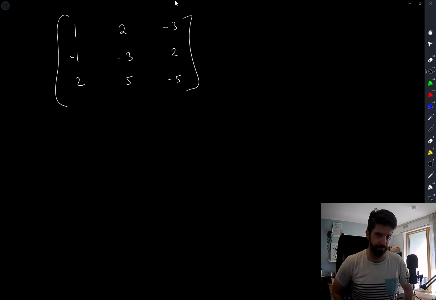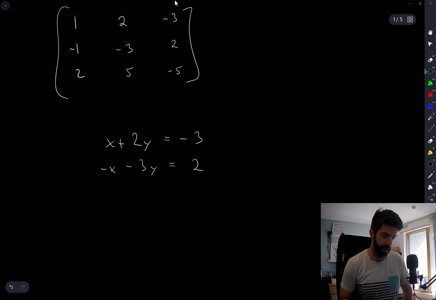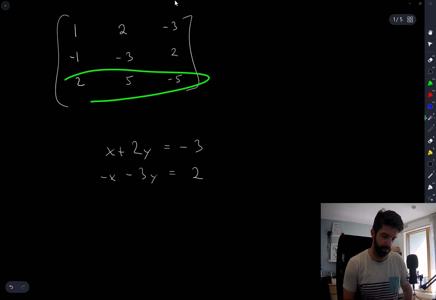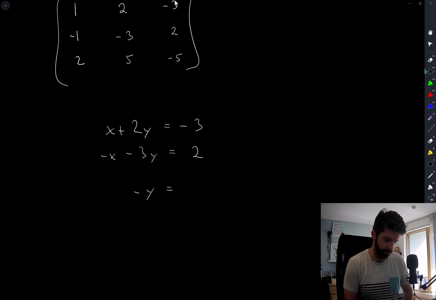It'll be x plus 2y equals -3, and -x minus 3y equals 2. If I solve for x and y and it gives me the same relation in the third row, then we're fine. Adding these together gives -y equals -1, so y is 1. So x plus 2 is -3, and x equals -5.